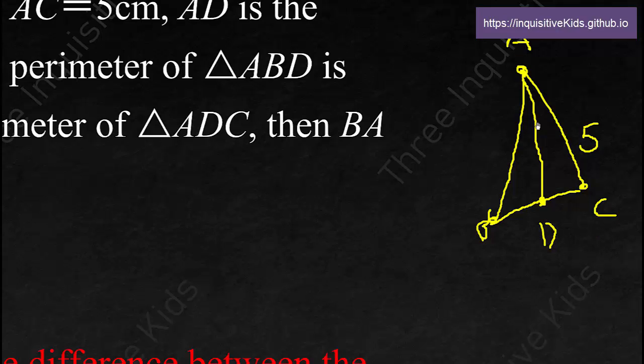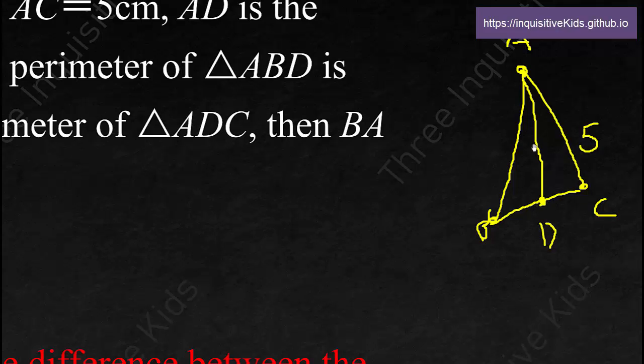And what is the definition of a median? It's one point, or vertex in this case A, and the line segment connecting A to the midpoint of its opposite side, BC. That would mean that D is the midpoint of B and C. That would also mean that BD is equal to DC.